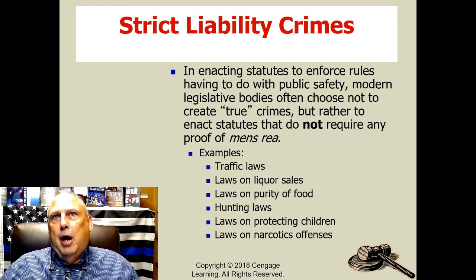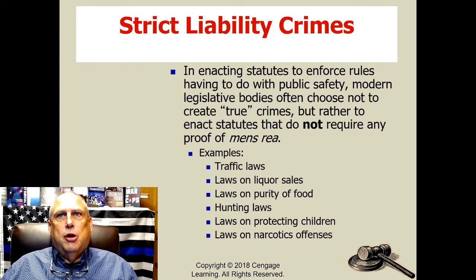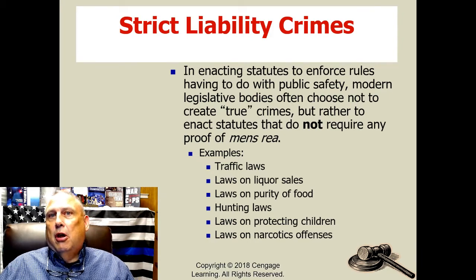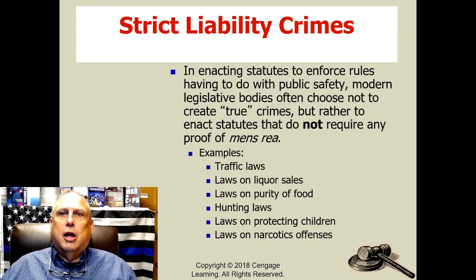Strict liability crimes. These types of crimes also do not require any proof of mens rea. So some examples are traffic laws, laws on liquor sales, laws on purity of food, hunting laws, laws on protecting children, and laws on narcotics offenses.